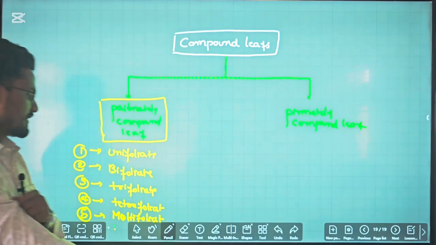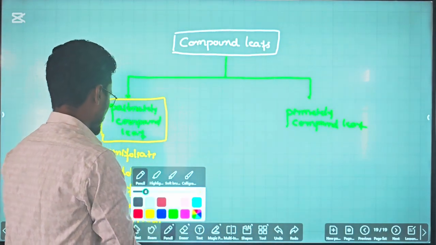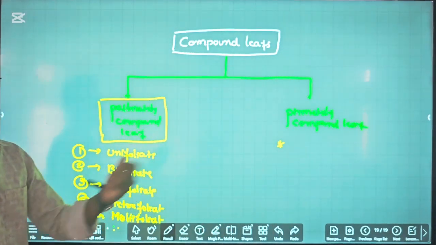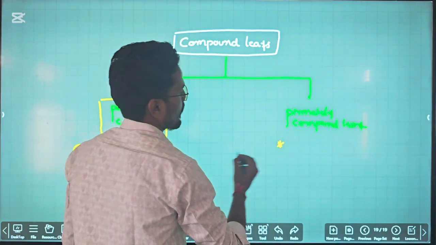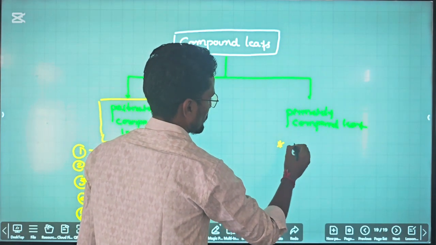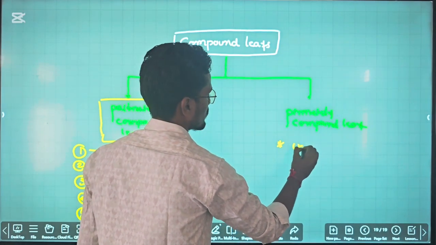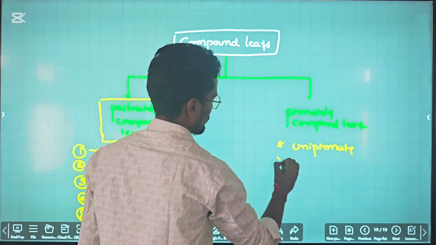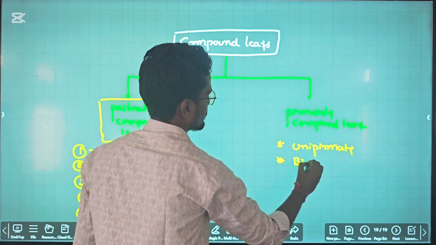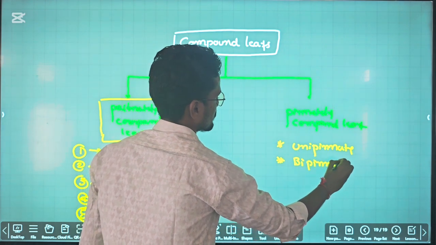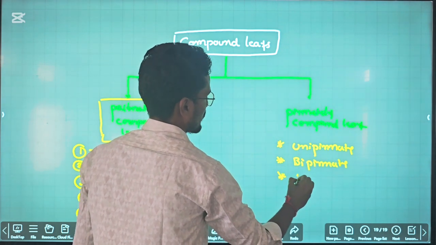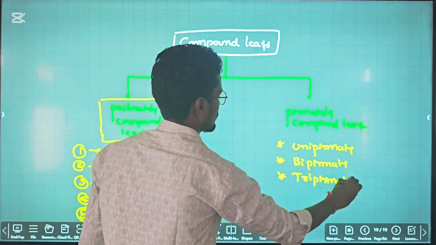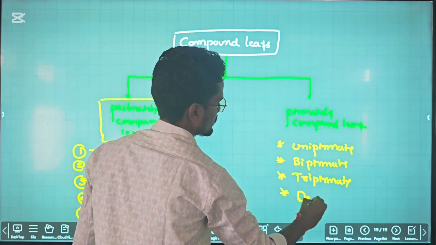The pinnately compound leaf also has some types: unipinnate, bipinnate, tripinnate, or decompound.